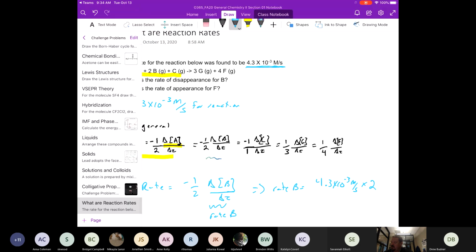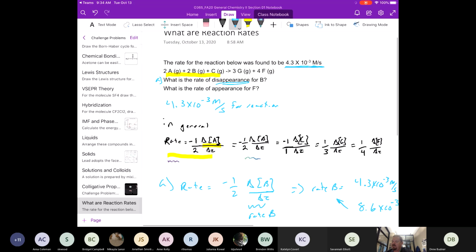Which means that this would be 8.6 times 10 to the negative 3 molar per second is the rate that B is changing. Again, we wouldn't worry about the sign. The sign just means that B is disappearing, at that rate.